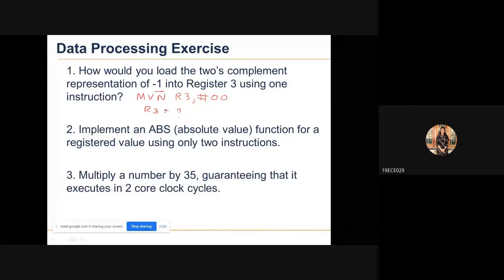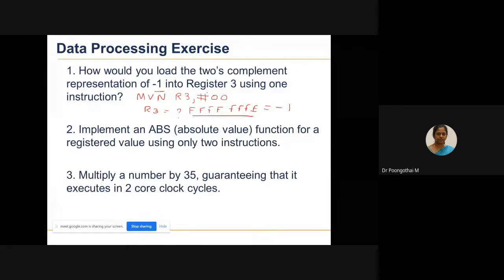F, F, F, F, F, F, F, E. So this is the -1 representation.